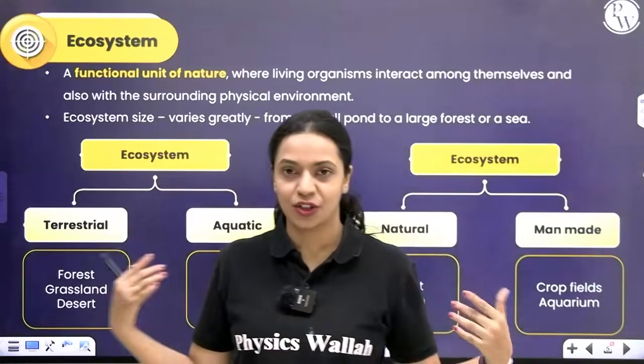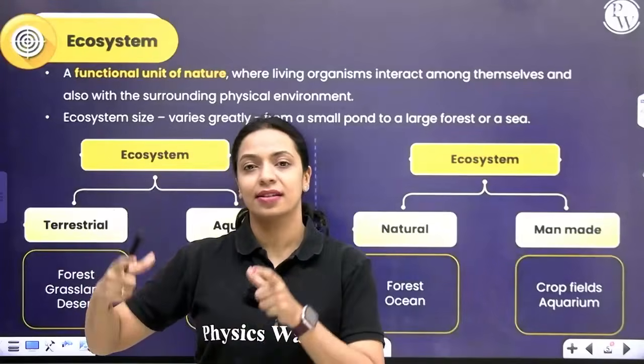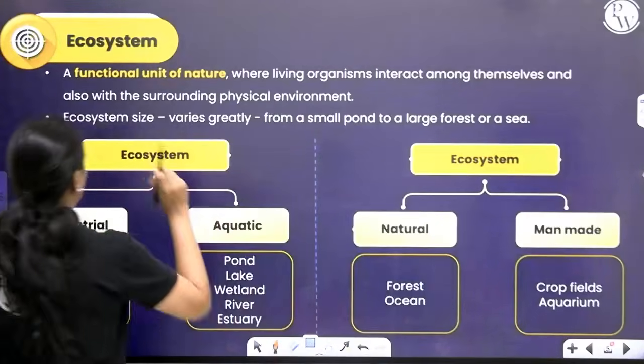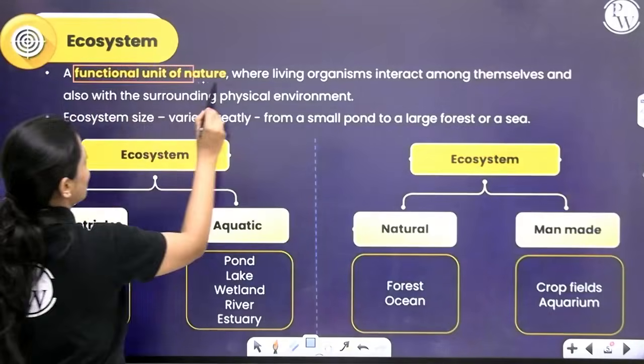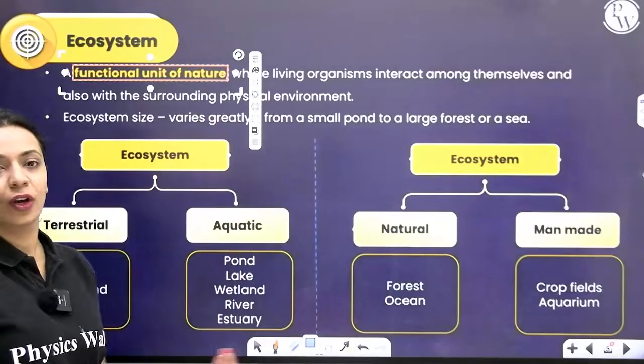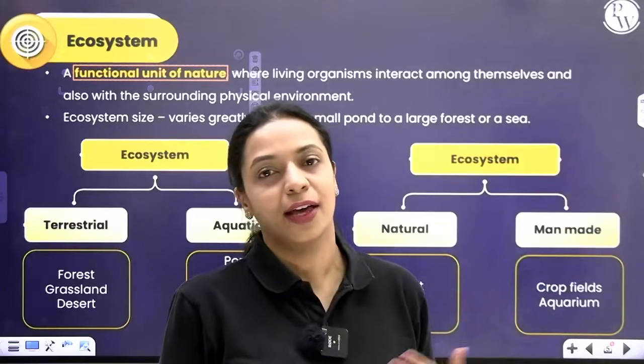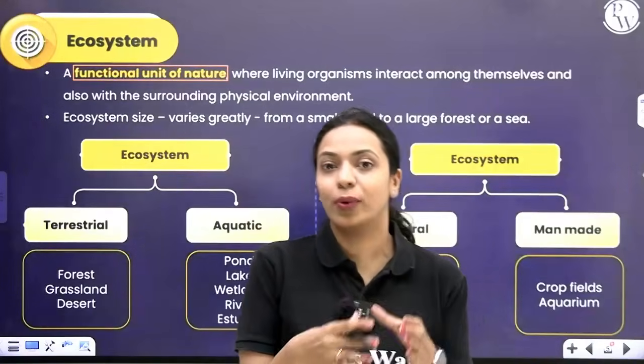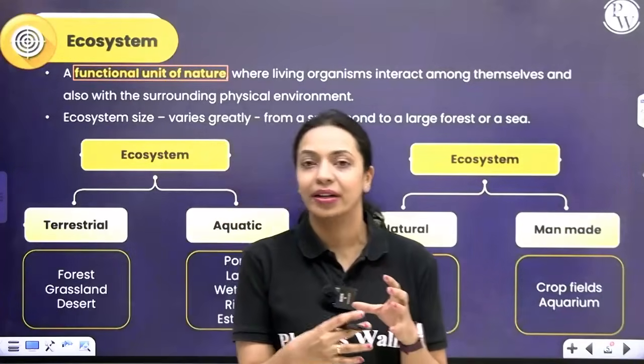Similarly, in nature, ecosystem is considered as a functional unit. Ecosystem is a functional unit of nature where living organisms interact with each other and also with the abiotic physical environment.